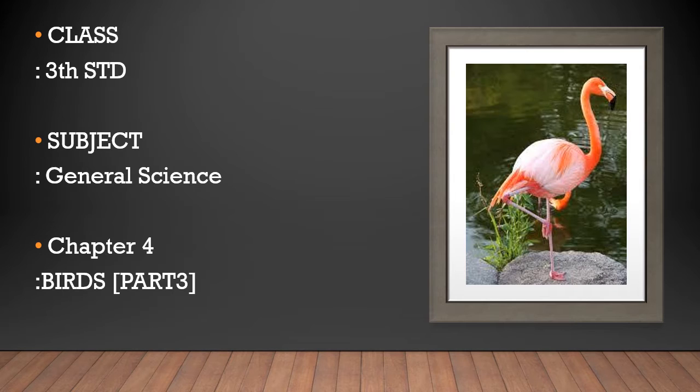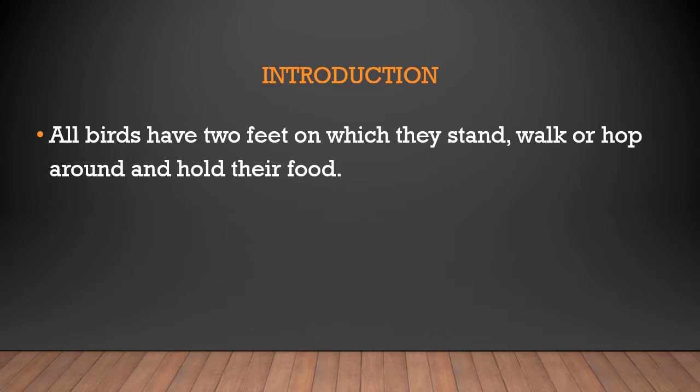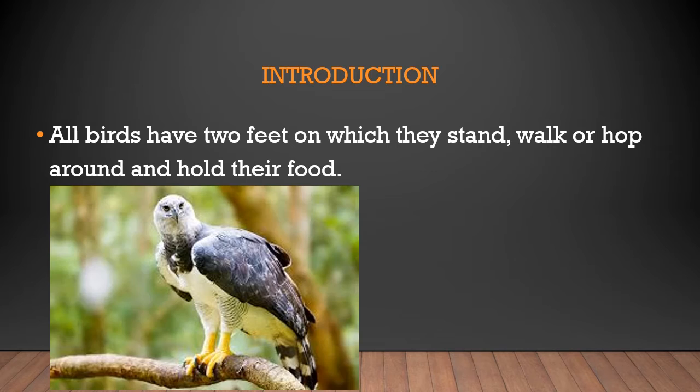Now going on, we are going to learn about their feet. All birds have 2 feet on which they stand, walk or hop around and hold their food. Each foot has 4 toes with a claw at the end, 3 toes pointing forward and 1 pointing backward.